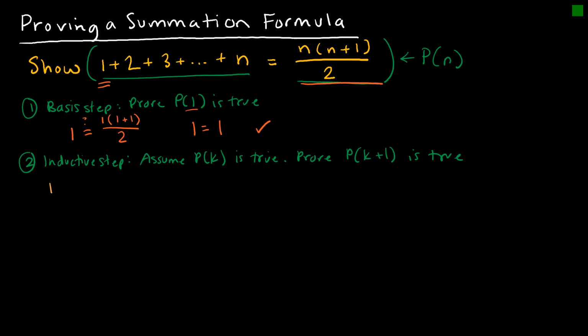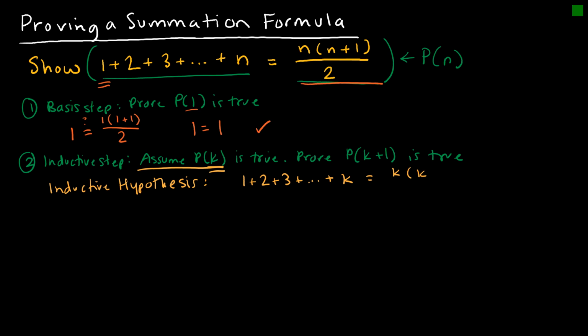I have to start with my inductive hypothesis, which is just a way for me to show P of k is true. I'm going to go back to the original and say my inductive hypothesis means 1 plus 2 plus 3 plus and so on, all the way up to k, because I'm assuming P of k is true, is equal to k times k plus 1 divided by 2.